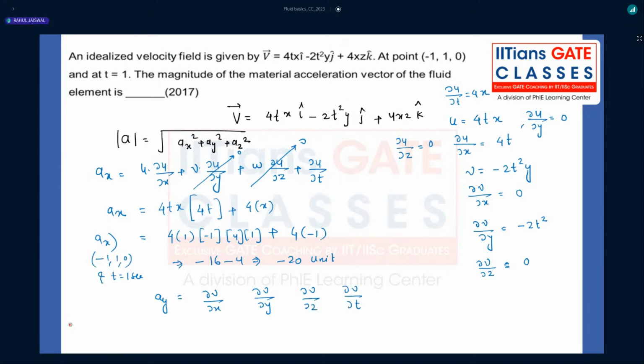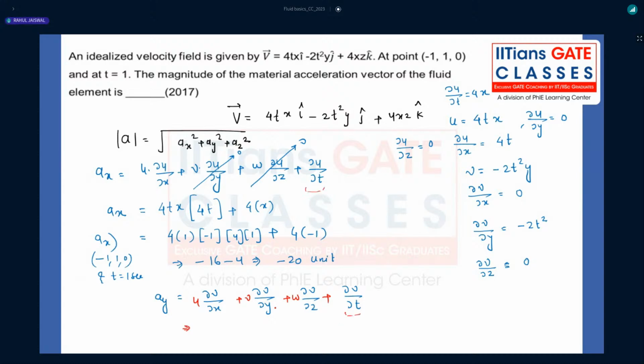Now u, v, omega will be coming. Similarly, x is there, so u will be there: ∂u/∂x, ∂u/∂y, ∂u/∂z, and similarly u, v, omega will be multiplied, plus this local acceleration will be there, right?